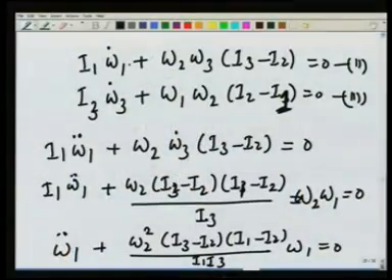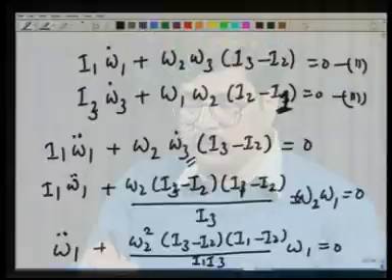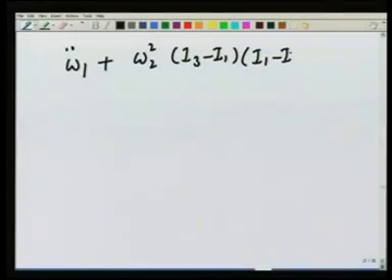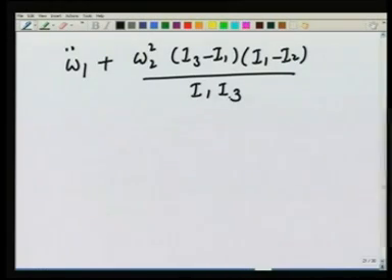So, what we did is we differentiated equation 2 once more and substituted for omega 3 dot from equation number 3. And the final equation we get, let me rewrite it, is omega 1 double dot plus omega 2 square, which is a constant, (I3 minus I2)(I1 minus I2) divided by I1 I3 omega 1 is equal to 0.